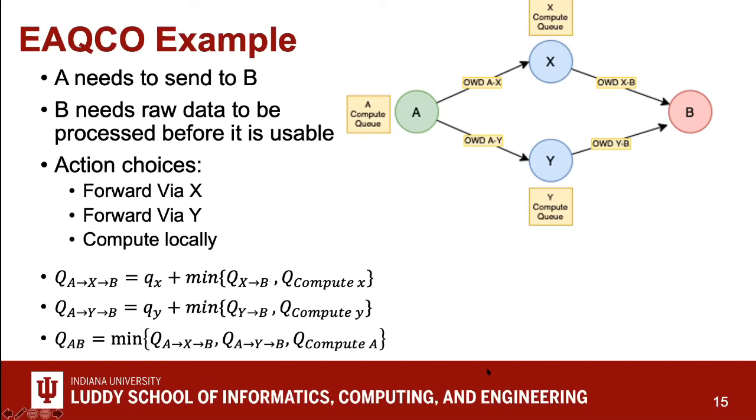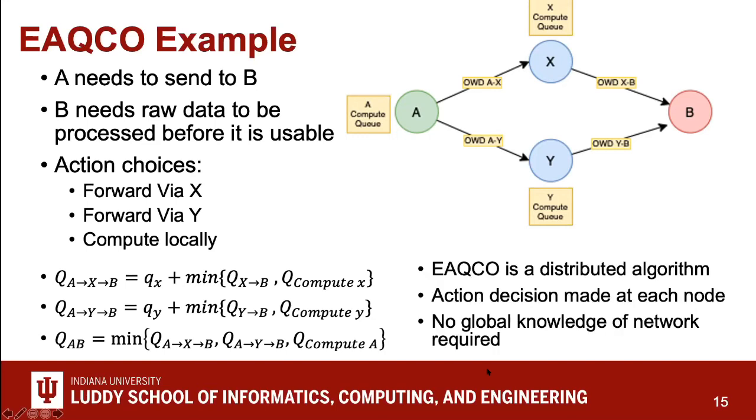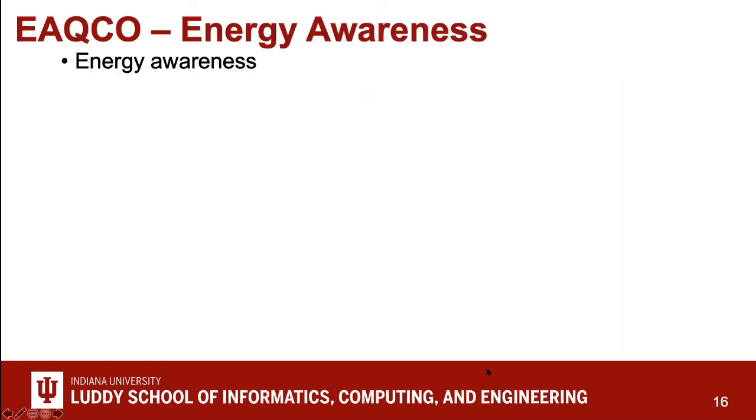And that decision is being made continuously as messages are being passed. And just like queue routing, ECO is distributed. Each decision and action is made at each node, and there's no global knowledge of the network required.